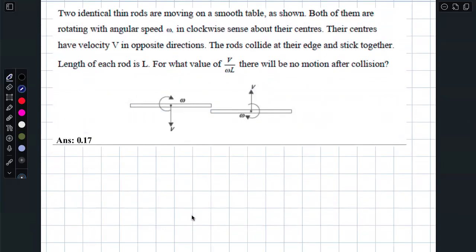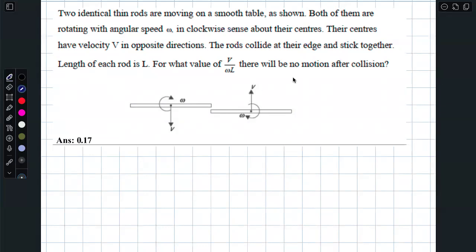Two identical thin rods are moving on a smooth table as shown. Both of them are rotating with angular speed omega in clockwise sense about their centers. Their centers have velocity v in opposite directions. The rods collide at their edge and stick together.